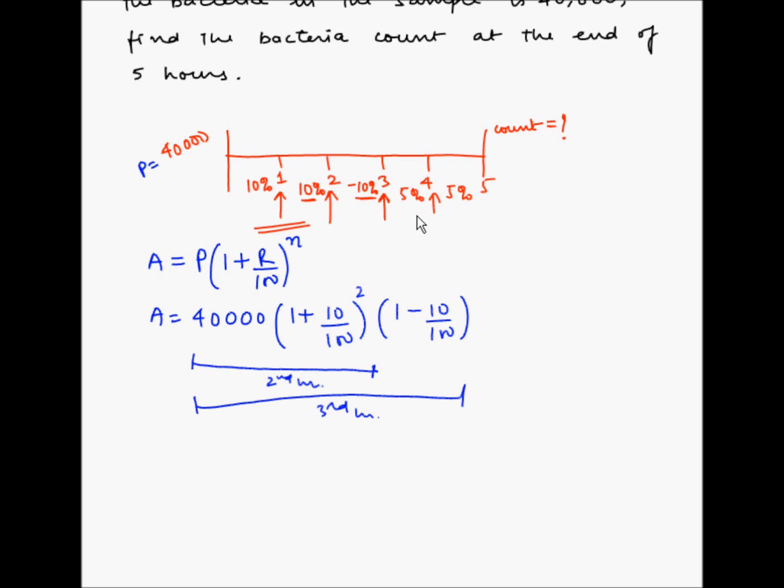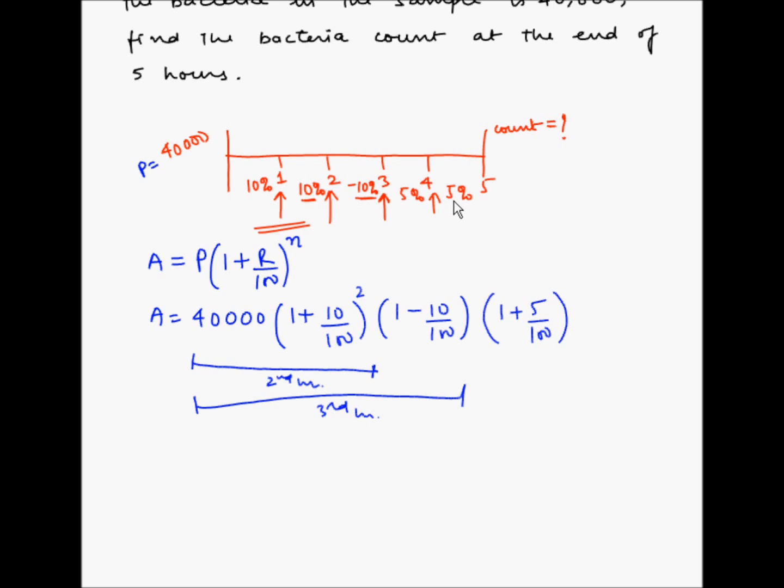Now for the fourth hour, the count again increases by 5%, and this increases on the count available at the end of the third hour. So on top of this, the growth is 5%, which can be expressed as 1 plus 5 by 100.